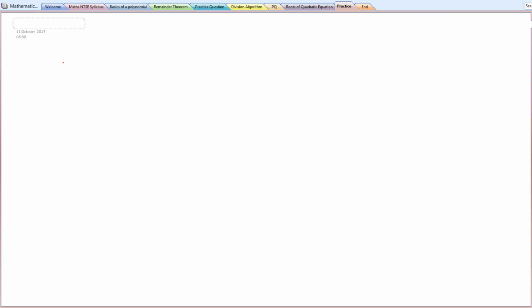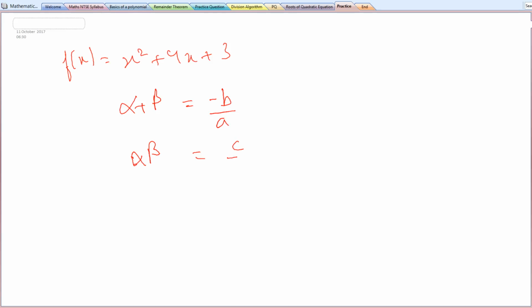So let's say there is a polynomial x square plus 4x plus 3. If I have given you x square plus 4x plus 3 as a polynomial, what will be the values of alpha plus beta and alpha beta? It is minus b by a and c by a.